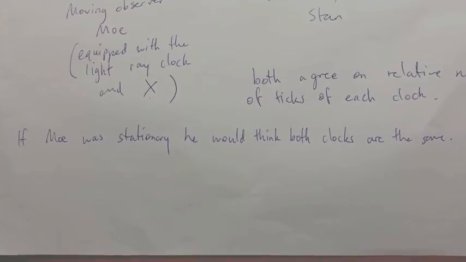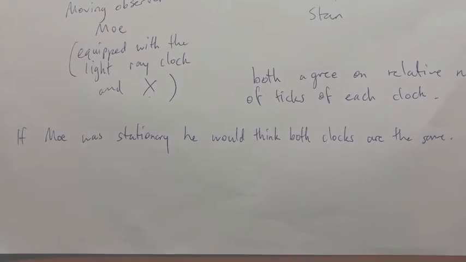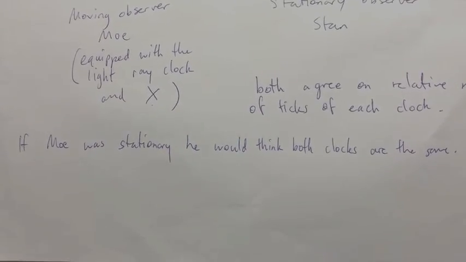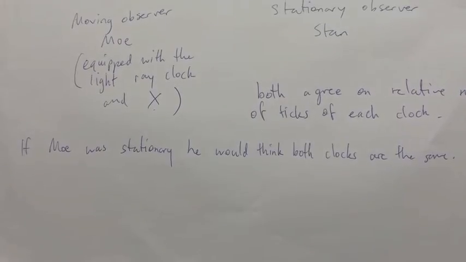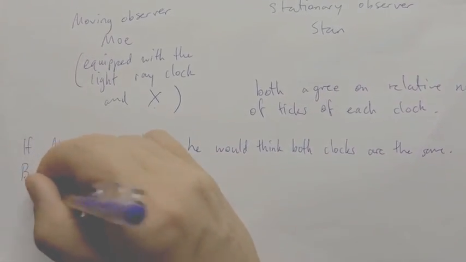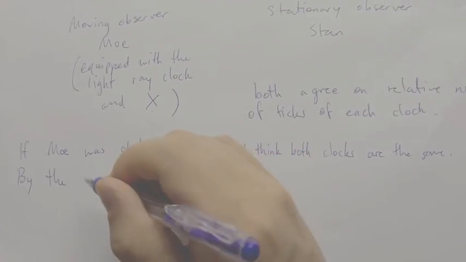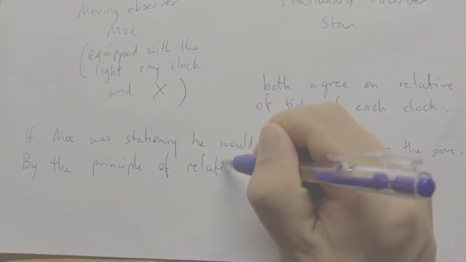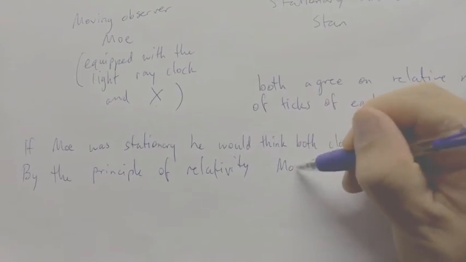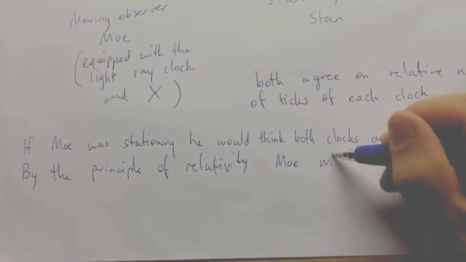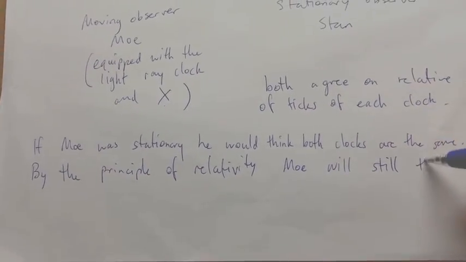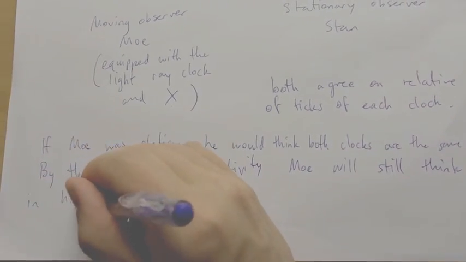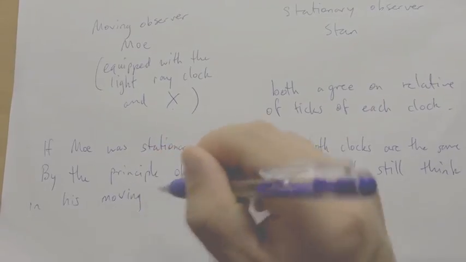Okay, but this will help us because, according to the principle of relativity, Mo can't tell he's moving, so Mo will come to the same conclusion when he's moving. So Mo will still think this in his moving frame.